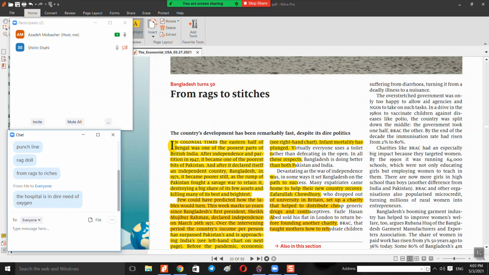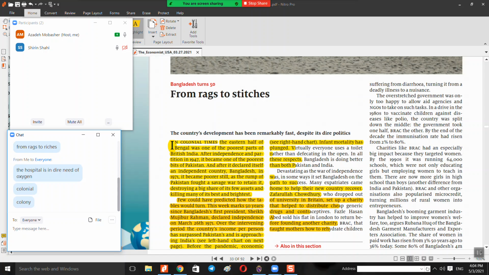Now, the first sentence, please. In colonial times, the eastern half of Bengal was one of the poorest parts of British India. Yes, in colonial times. Do you know the meaning of colonial and colony? Bezat, how about you?